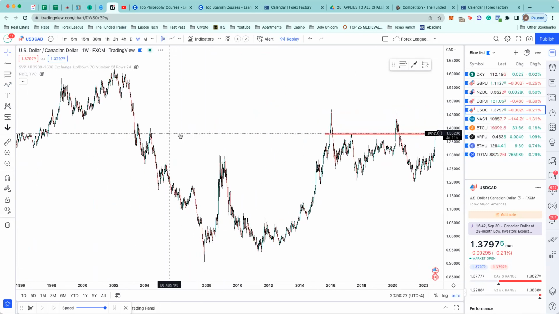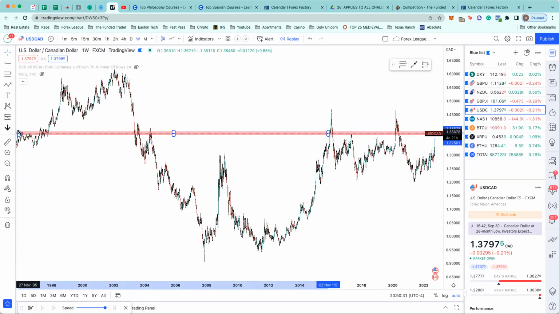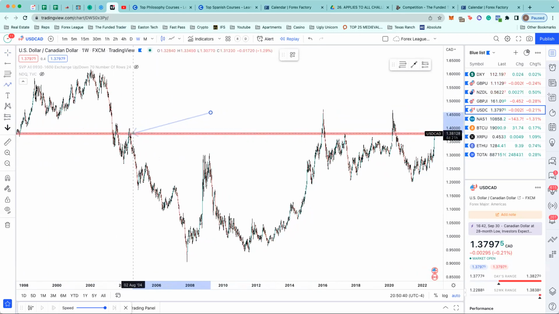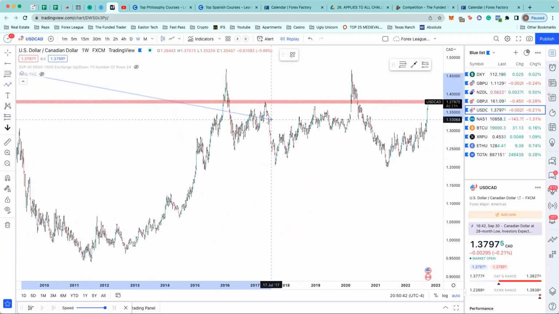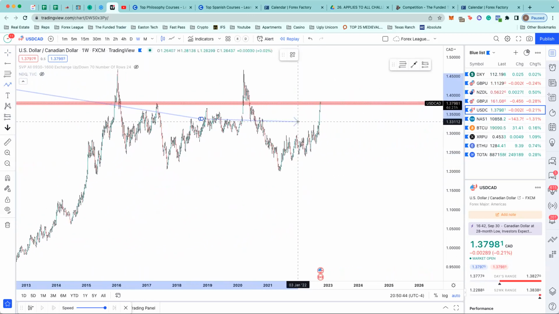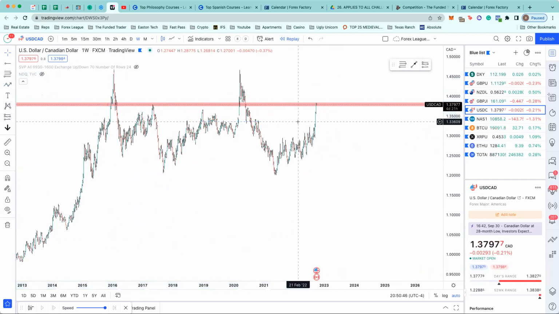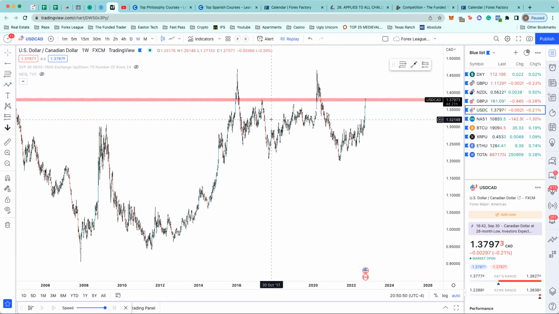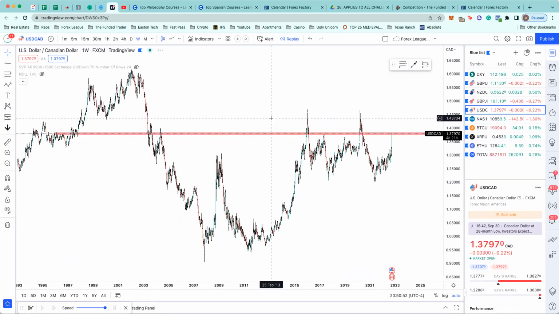And then if we come even further back, we could drag this thing all the way back in this area. We can see a ton of resistance here, support here. We had this resistance here where price fell off a cliff. So it's kind of ironic that it's right where price actually is. But this is definitely a level to be mindful of.